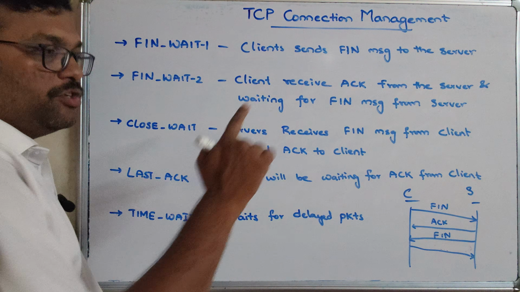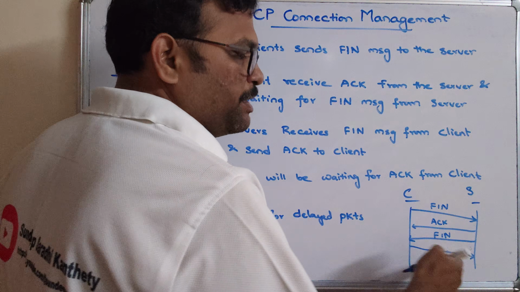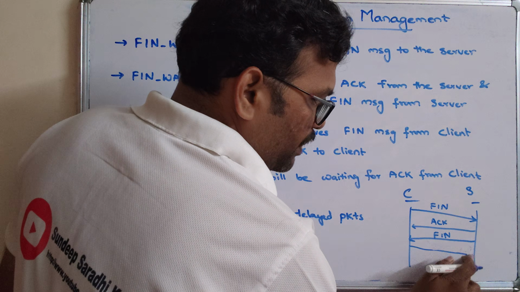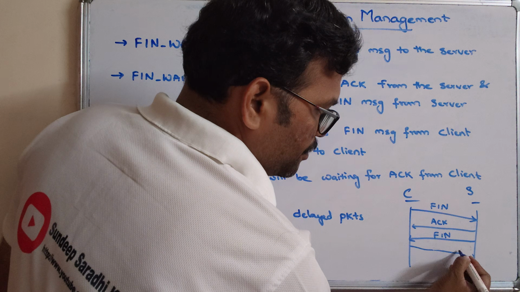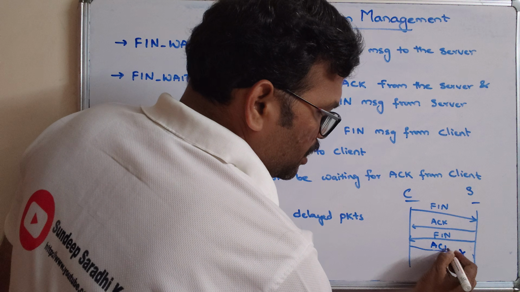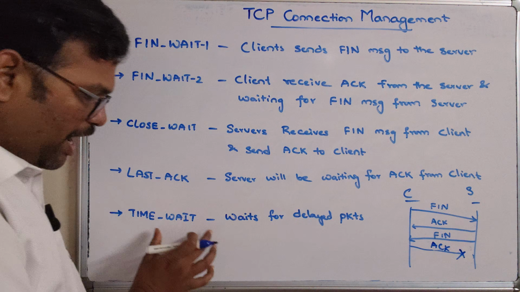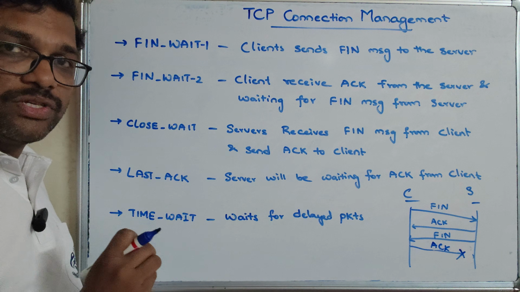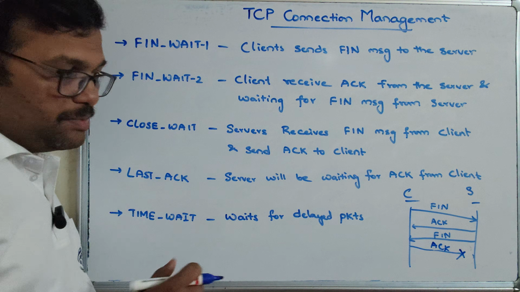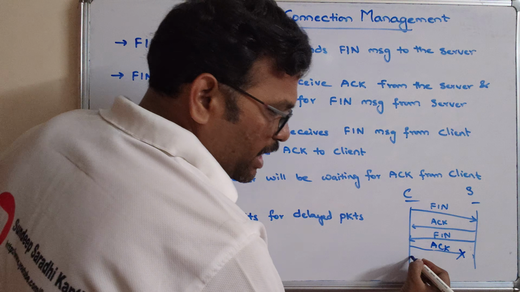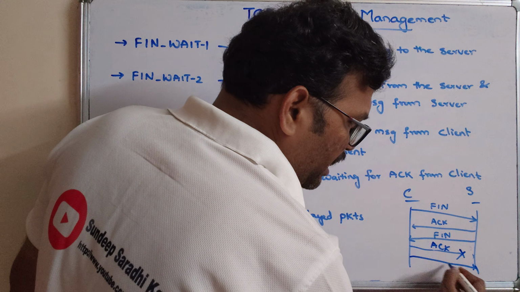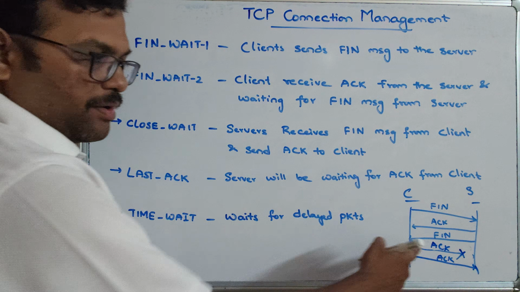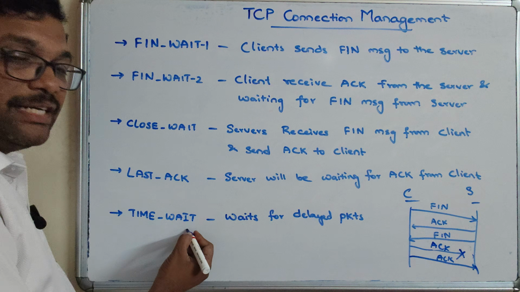So the client should be ready to retransmit this acknowledgement to the server. The client should wait for some time, because if there is any loss during the transmission, it must be ready to retransmit the acknowledgement to the server. So for that the TIME_WAIT is there.